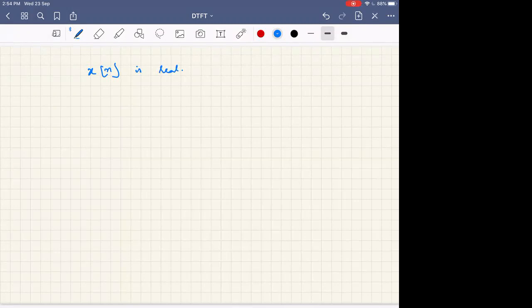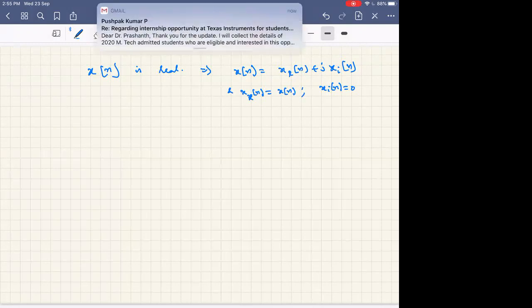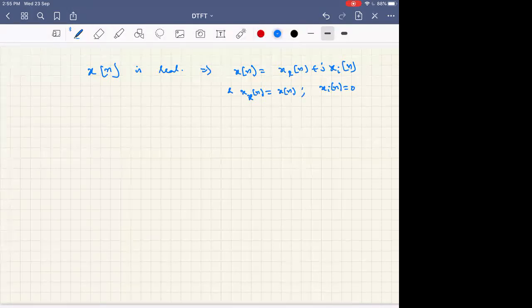If I write x of n as x real of n plus j times x imaginary component of n, then x imaginary component of n is 0, and x real of n is equal to x of n. This holds only when the sequence is real. I hope this is clear, right?